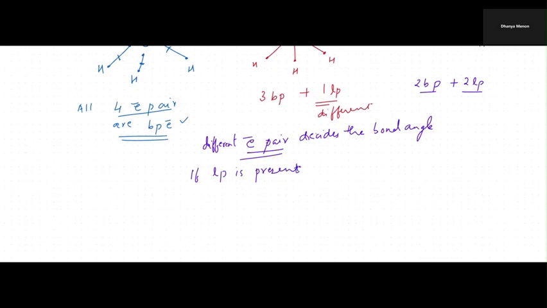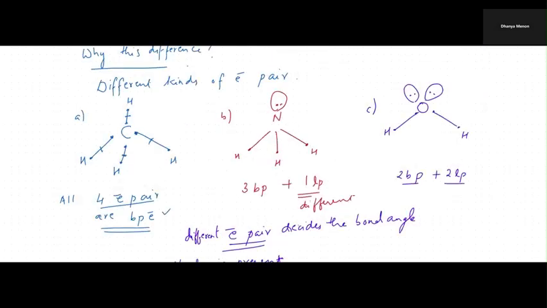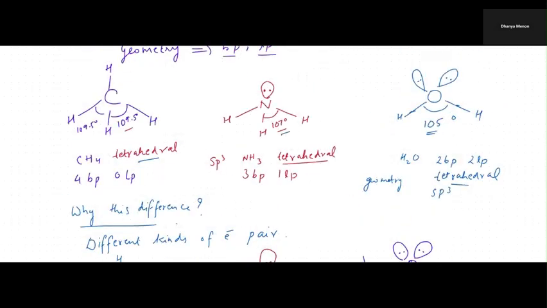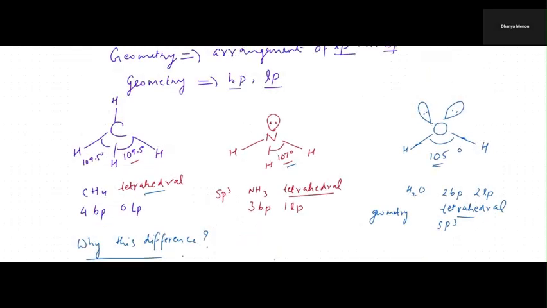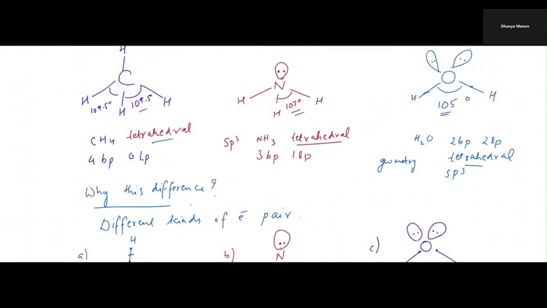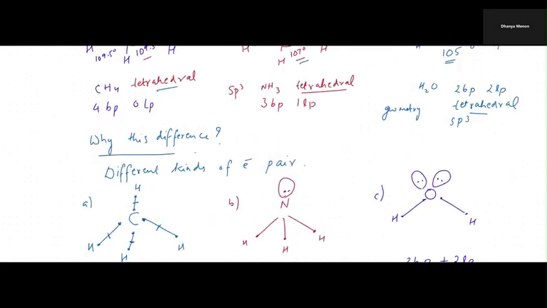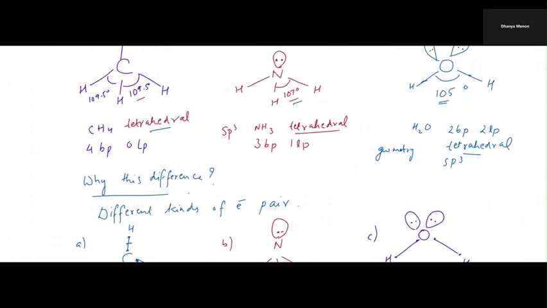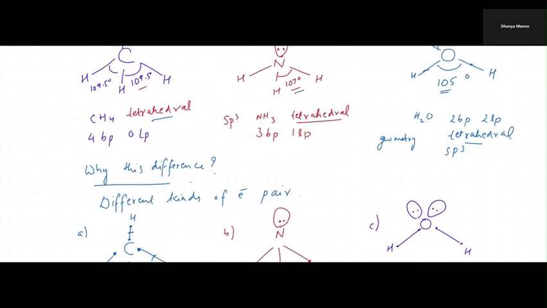Okay, so students, here we just saw that methane, ammonia, and water, although they have the same geometry, that is tetrahedral geometry, all seem to have different bond angles, as you can see. It is not similar. Ammonia and water bond angles are not the same as that of methane. So we are checking why there is this difference.